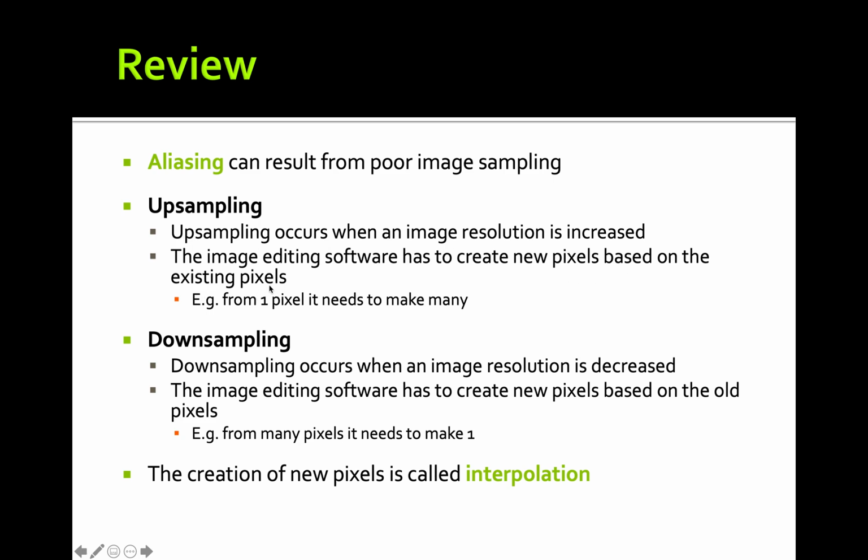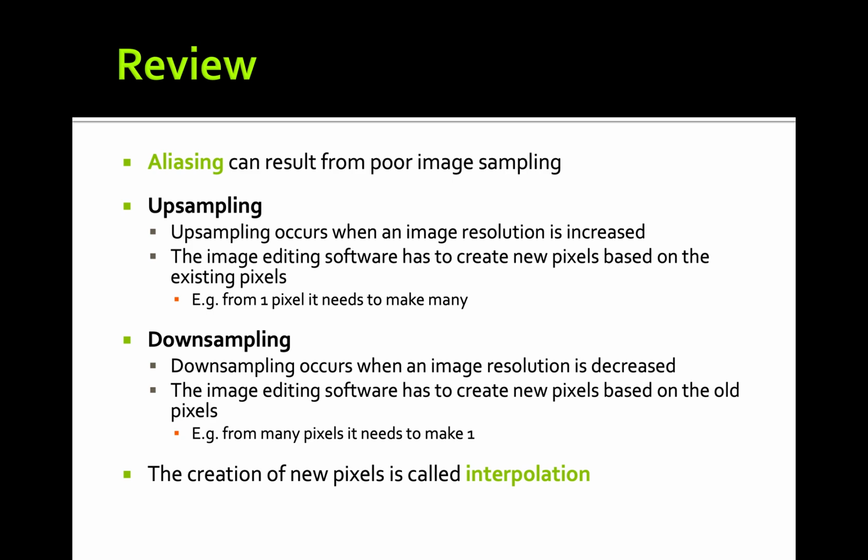If we already have a picture and we want to increase its resolution, of course we need to create those additional new pixels. We have different algorithms that can help us build those new pixels. Similarly, downsampling means we are reducing the resolution, so maybe 2 or 3 pixels are combined into one pixel.